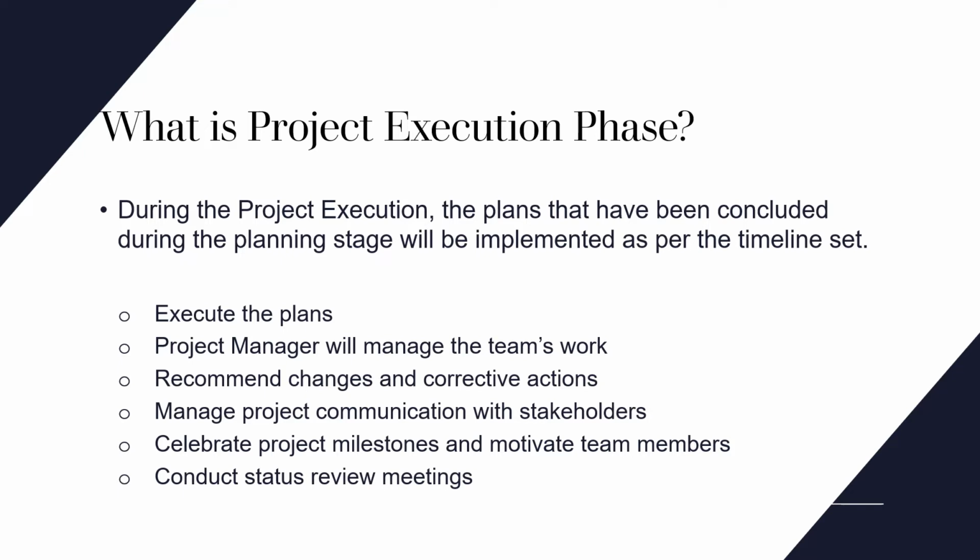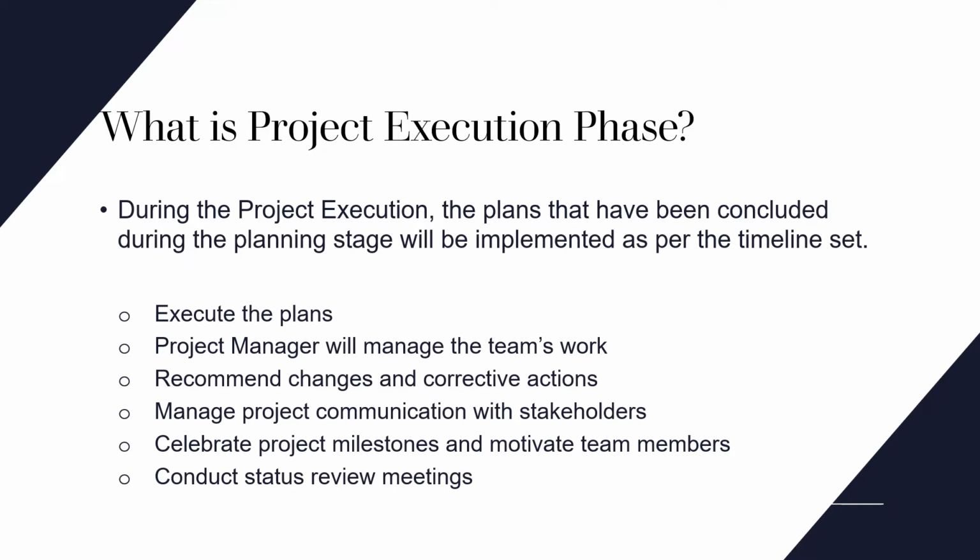Sometimes during the execution, there could be recommendations on changes from users, stakeholders, or in fact from the project team members themselves, which are important to achieve the project goal. When such a case happens, you have to review that particular change and ensure that it doesn't impact much on the cost, the scope of the project, the timeline or the quality of the project.